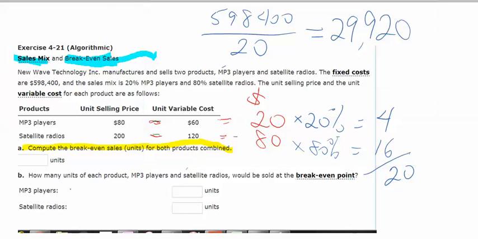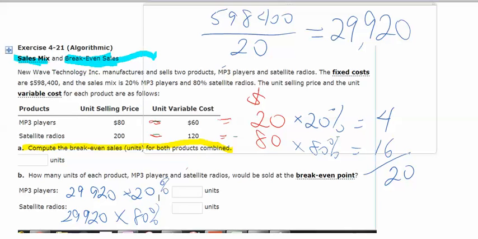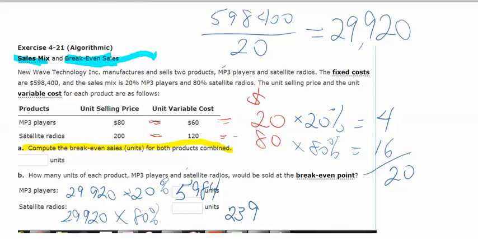So for the MP3 players, we take 29,920 times 20%, and we'll also take the 29,920 times 80% for the satellite radios, and we'll make that calculation. For the MP3 players, it's 5,984 units, and for the satellite radios, it's 23,936 units.